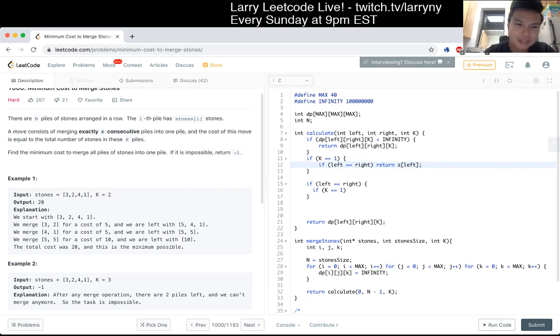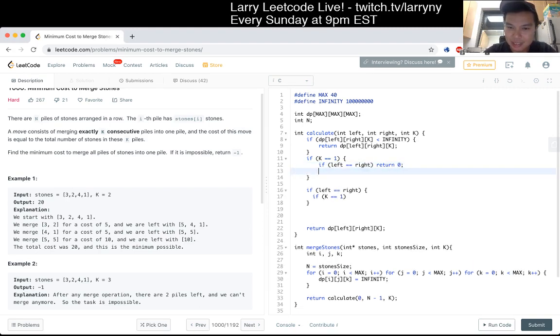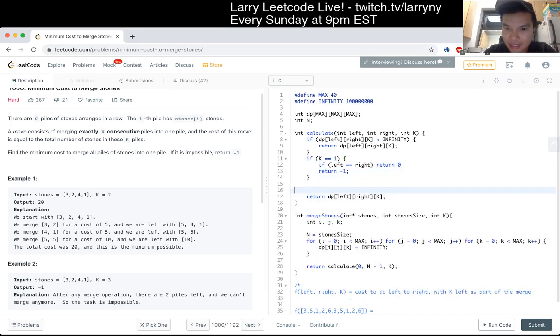Actually, maybe no, that doesn't make sense. It's just 0. And then else, can we combine anything? Oh, I guess I should actually return infinity.